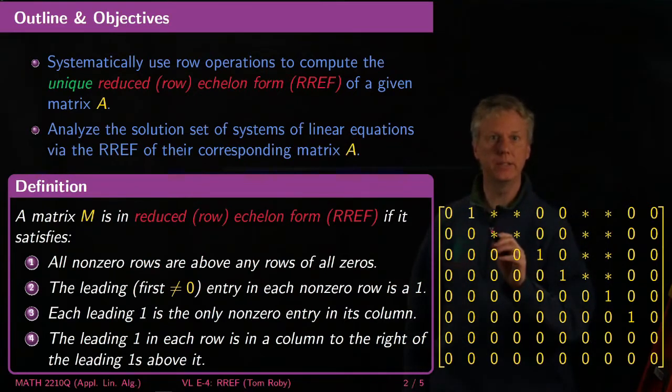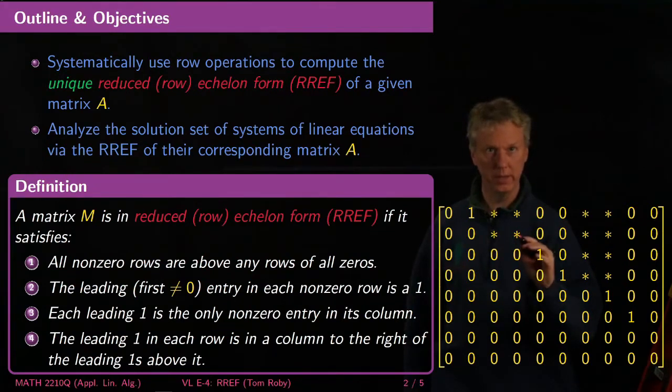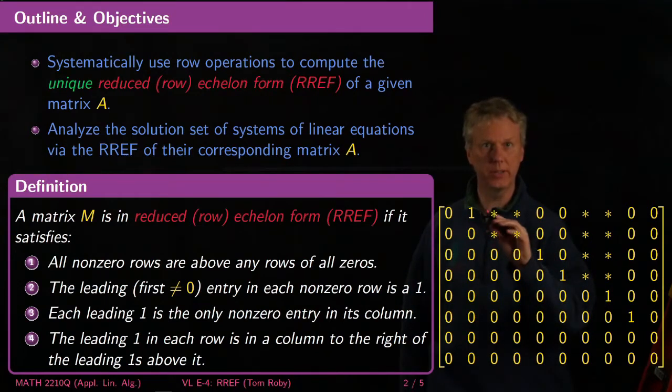So either I make this a 0 and this a 1, and then this has to be a 0 as well, or I could make this one a 1, and then these two have to be zeros.